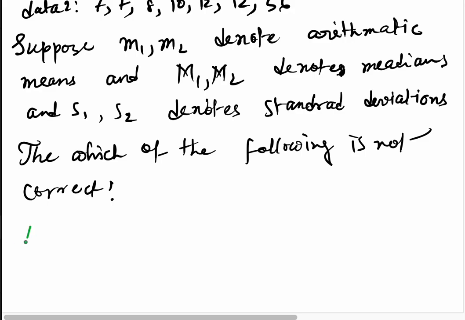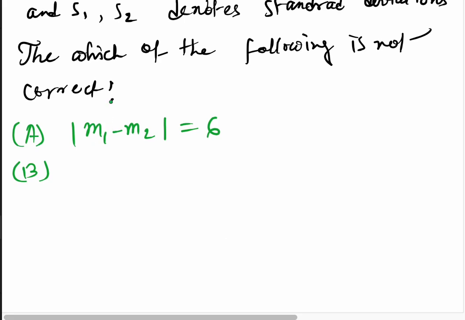Options are these: A, modulus of m1 minus m2 is equal to 6. B, m1 less than m2.